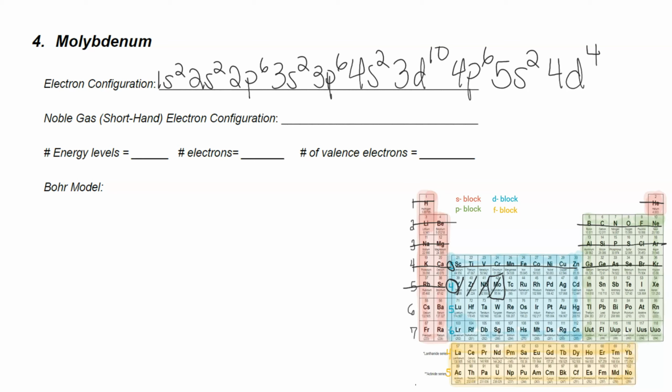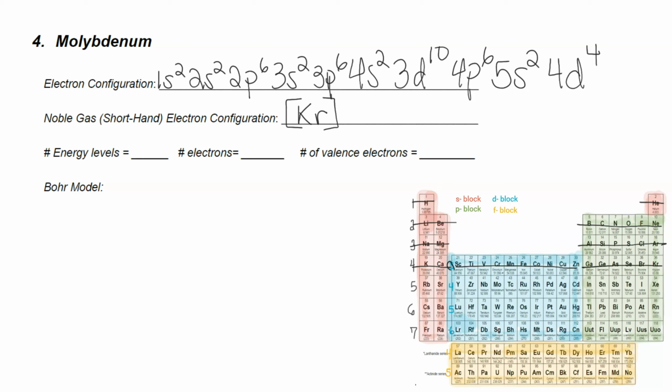Okay, so the noble gas that comes before molybdenum, well, let's find that. So molybdenum's right here. If we need to go back on the periodic table, molybdenum's 42. The noble gas that comes before it is krypton. So we're going to put krypton in brackets, Kr.